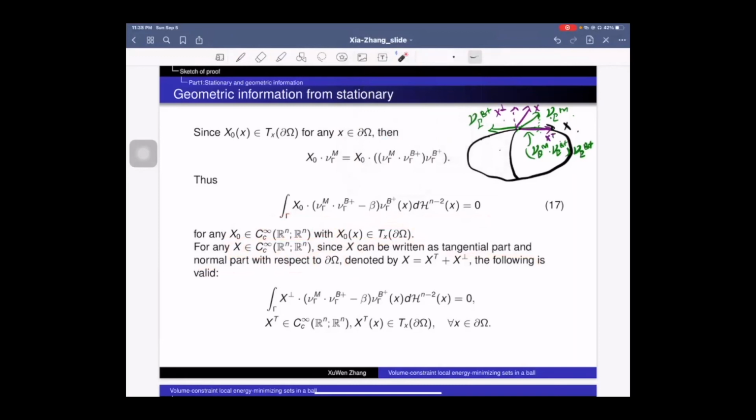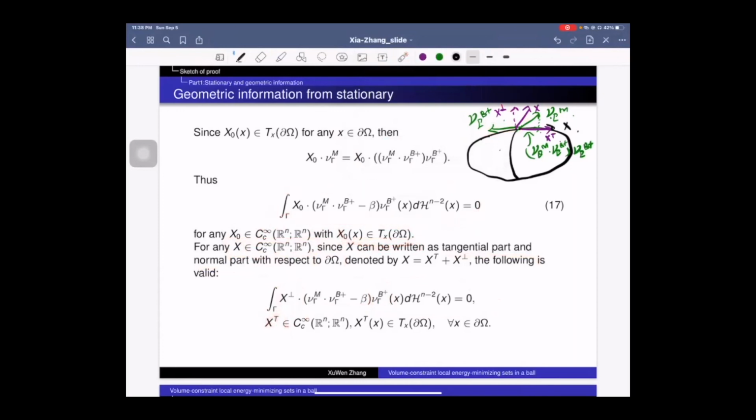And for the normal part of x, this formula holds automatically because the normal part of x is normal to nu gamma b plus. So this integration must be 0. And for the tangential part of x, we have this formula, and x tangential is tangent to the boundary, so this formula holds.